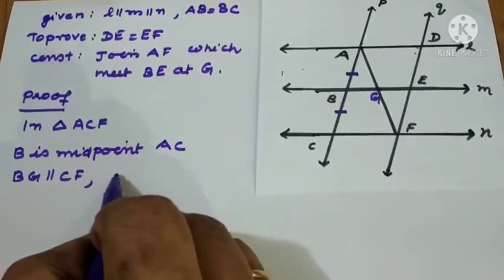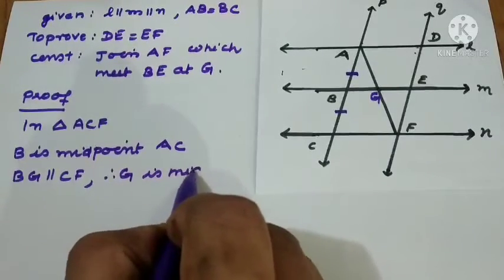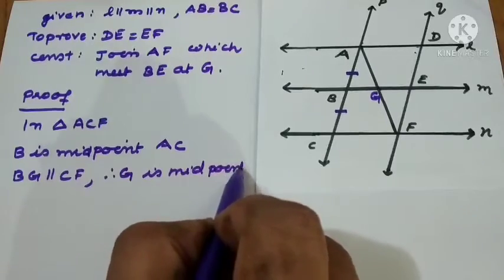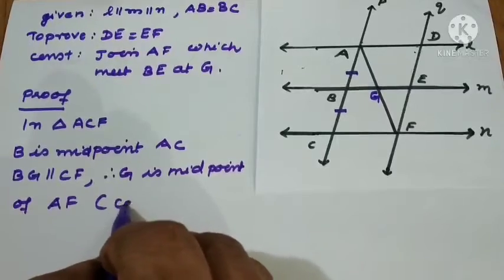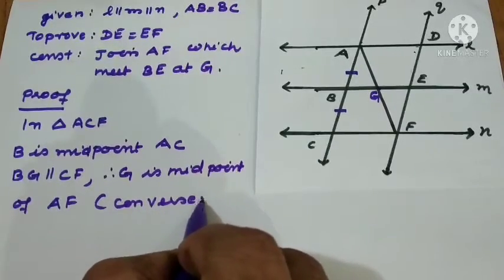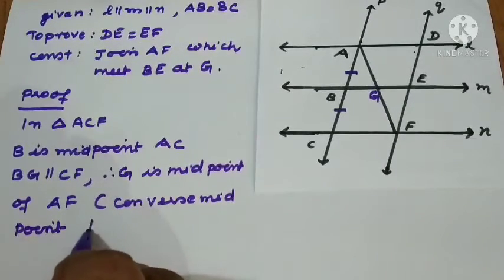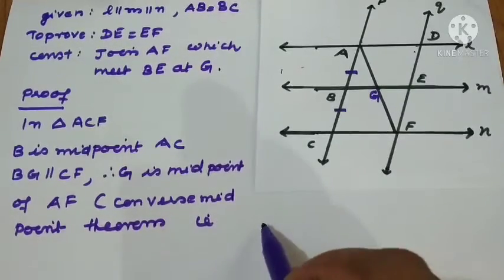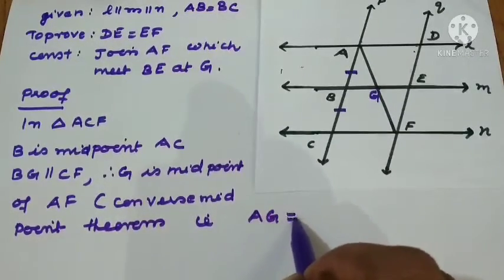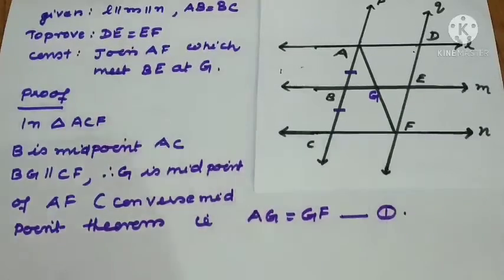By this what can we conclude? Therefore, G is the midpoint of AF. What is the reason? Converse midpoint theorem. That is AG equal to GF, equation number 1.